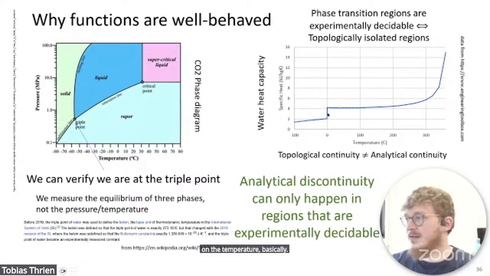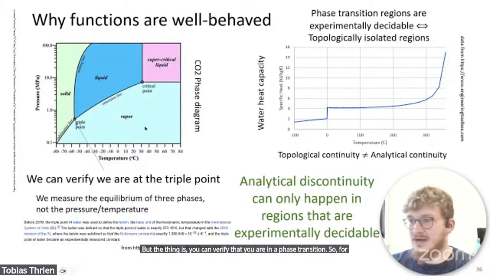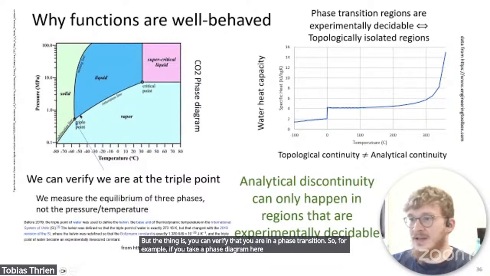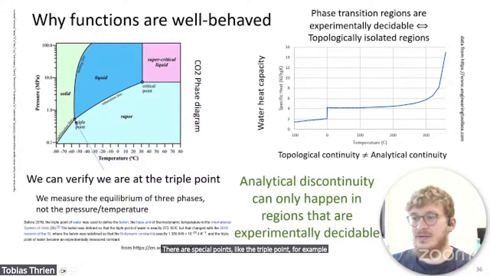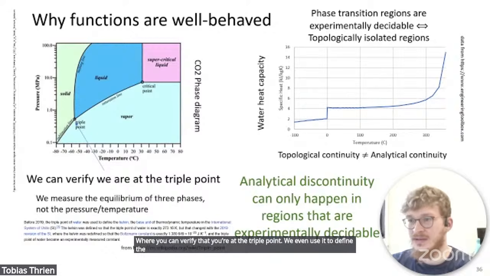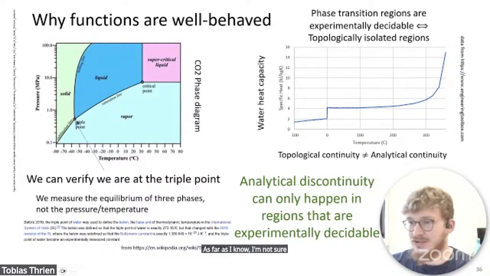But the thing is, you can verify that you are in a phase transition. For example, if you take a phase diagram here, there are special points, like the triple point, where you can verify that you are at the triple point. We even use it to define the temperature scale. As far as I know, I'm not sure if they changed the definition yet, but you can use the triple point to define your scale.